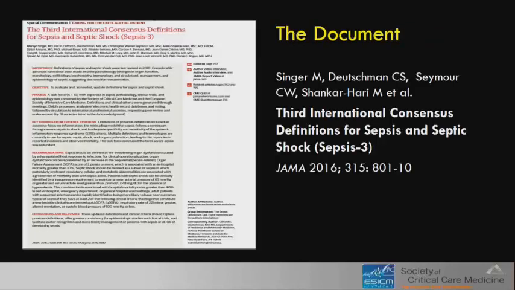Nonetheless, all these bad people got together and tried to make some moves in the right direction. And whether they have or they haven't, time will judge. But this culminated in the publication of Sepsis 3, because this is the third time that the task forces tried to address the definition. And Sepsis 3 was published in JAMA last year.